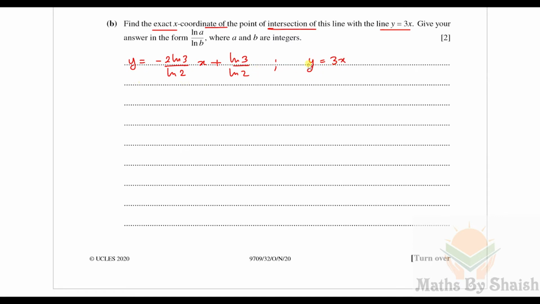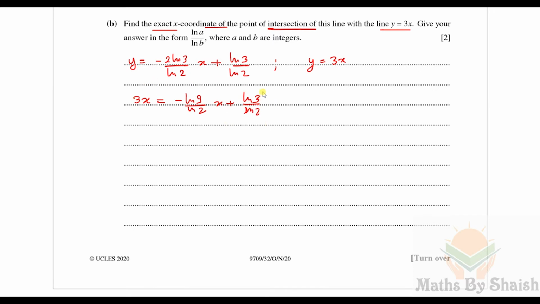I'll solve by substitution. Since y = 3x, I'll substitute it here, and it would be 3x = -ln 9 / ln 2 x + ln 3 / ln 2.